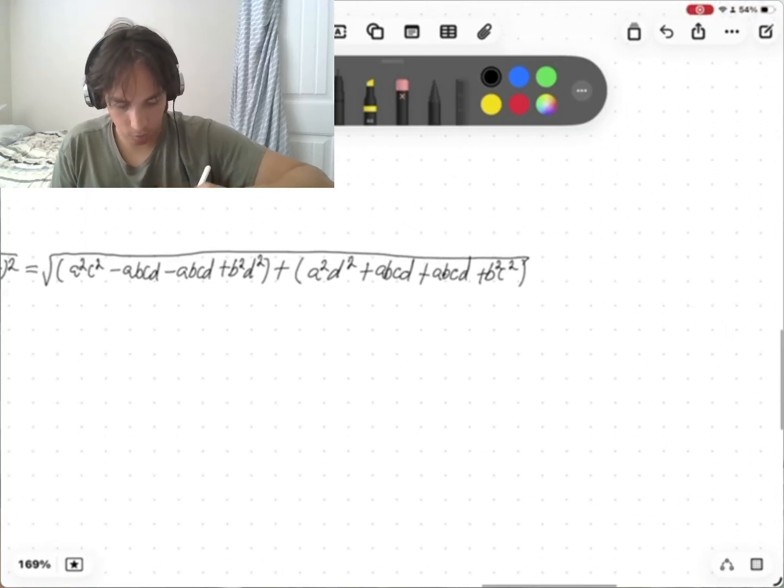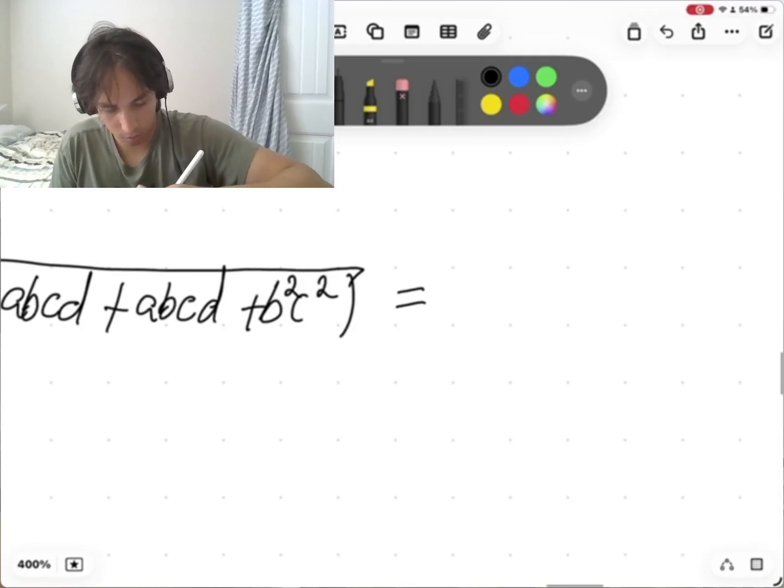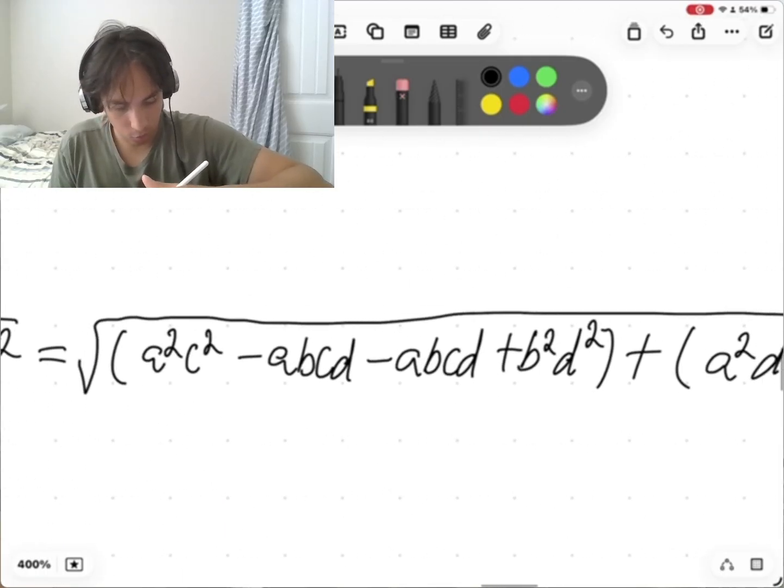Big square root, which equals all the square terms.